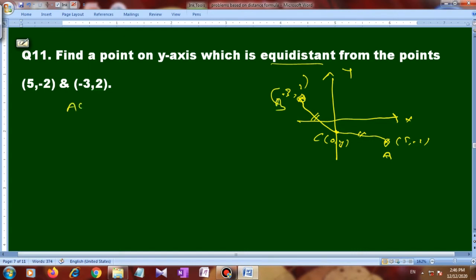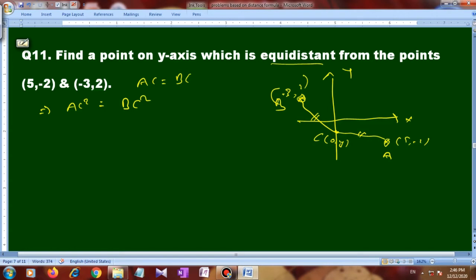Now here, suppose this is A and this is B. So AC square will be, because AC equals BC is given, this implies that AC square will be BC square. Clear?